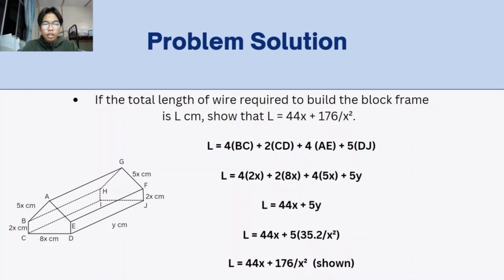We'll substitute in the value of each side, and this will give us L is equal to 44x plus 5y. Now the question asks us to find L in terms of x. So we'll substitute in the value of y from the previous question into this equation, and this will give us exactly L is equal to 44x plus 176 over x to the power of 2.